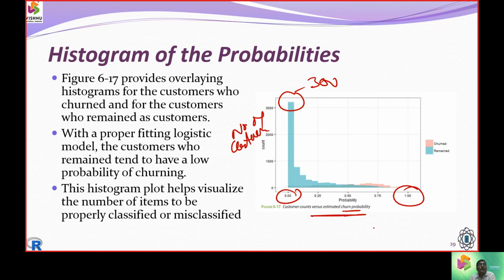So now we are going to have a fit. What was the fit telling? The customers who remain tend to have low probability of churning. The red mark is going to be overlapping content, and this overlapping was showing the people who have churned and the people who have remained.